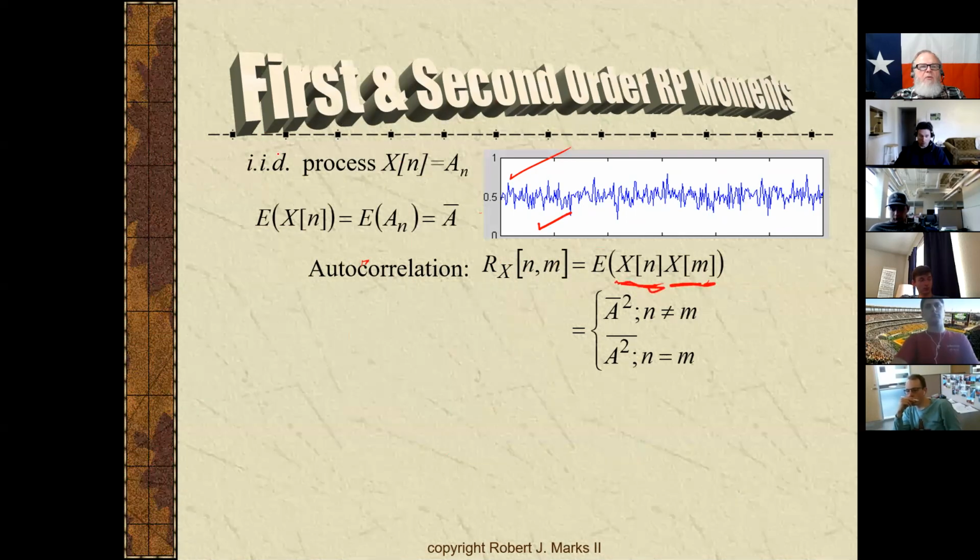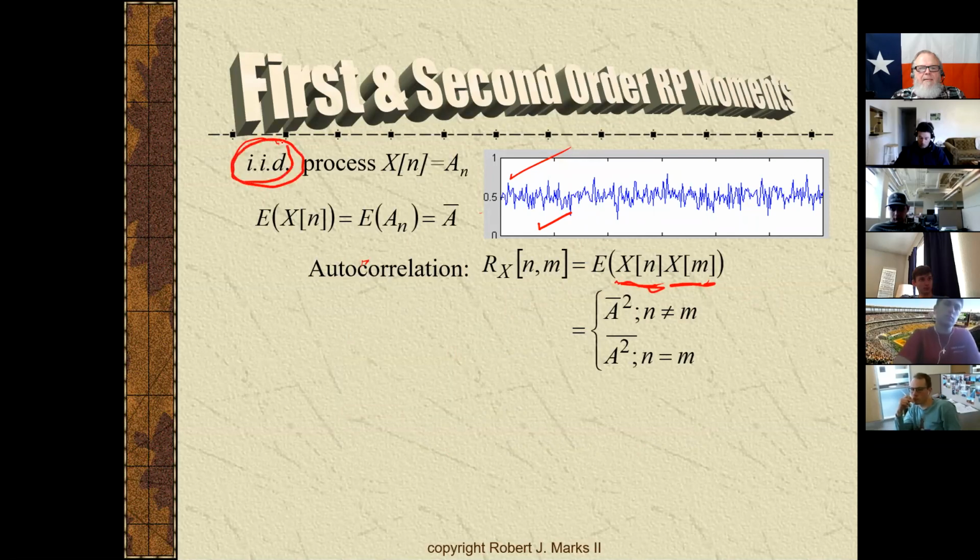And I'm going to assume that these processes are IID. If they're IID, if all of these samples are IID, then the autocorrelation is equal to the square of the mean for n is not equal to m and is equal to a squared for n is equal to m.